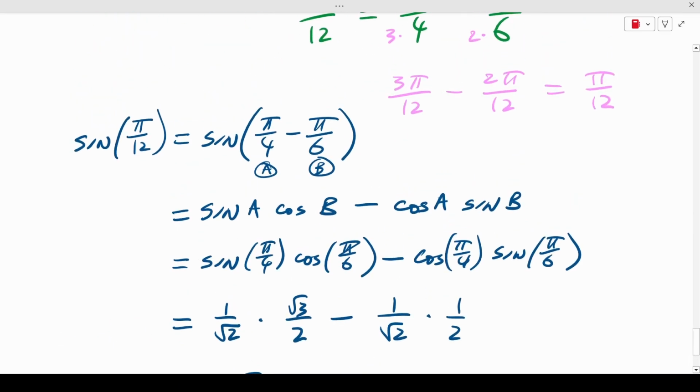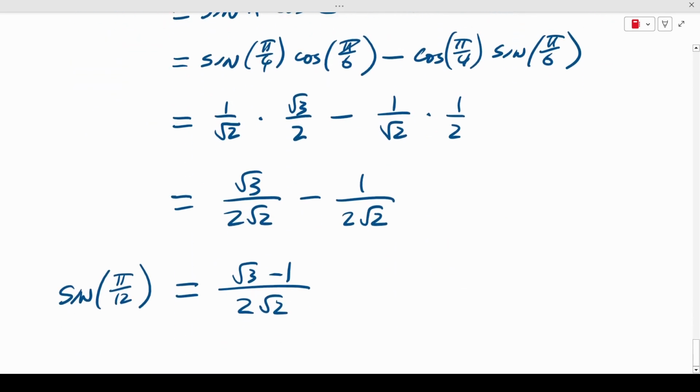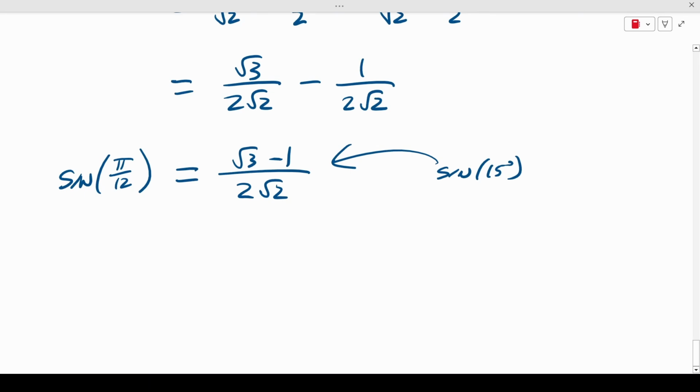Sine of pi over 12, of course, is half of pi over 6, so this is sine of 15 degrees. Sine of 15 degrees is exactly that there. That's an exact answer. That's pretty impressive. Of course, if you want, you could rationalize this. You could multiply top and bottom by root 2.